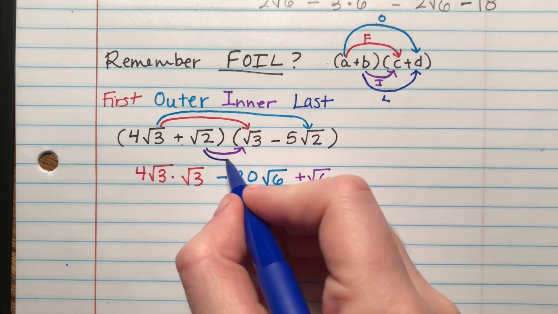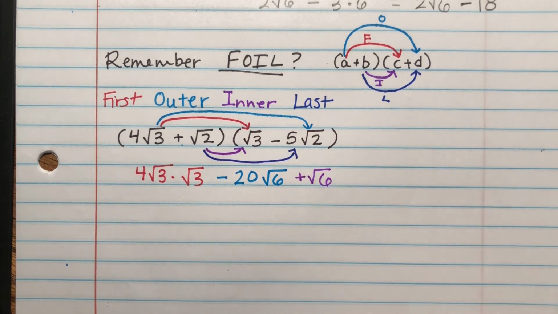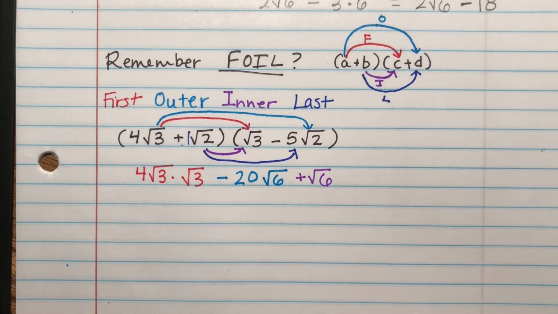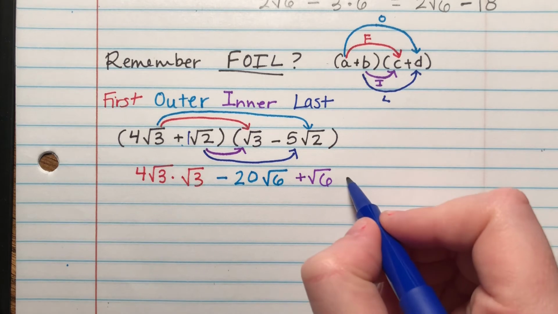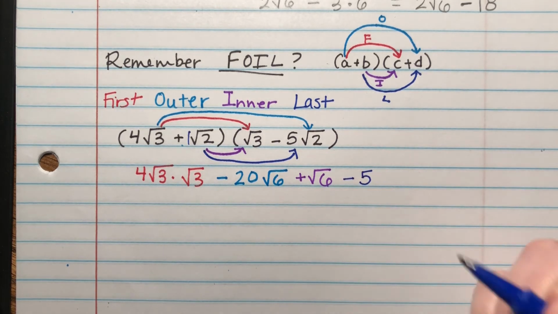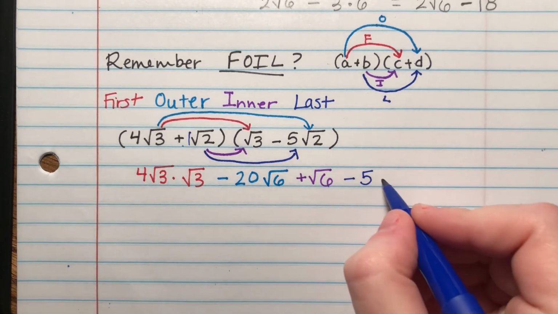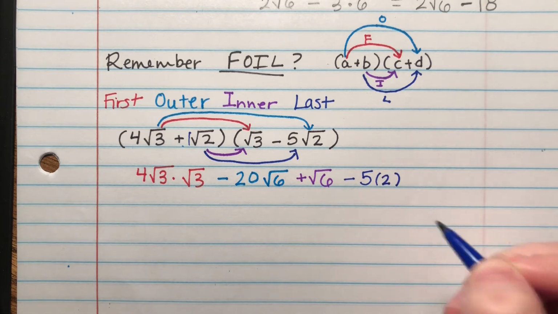So I have square root of 2 times negative 5 square root of 2. So remember, coefficient times coefficient. It's like I have a 1 here, right? So 1 times negative 5, negative 5. Square root of 2 times square root of 2 is going to give me square root of 4, but the square root of 4 is actually 2.